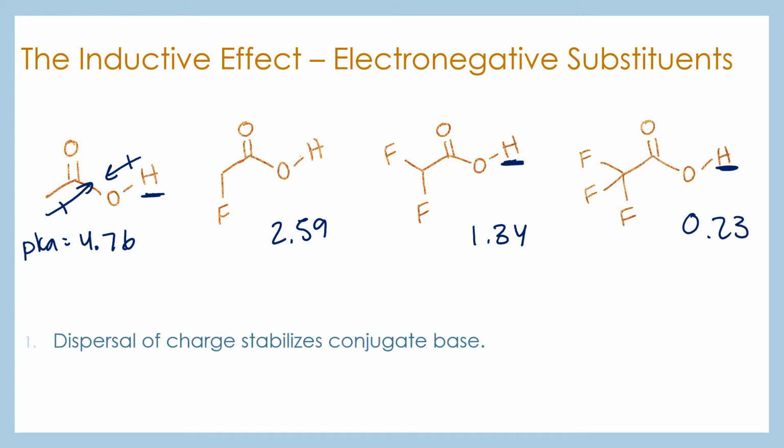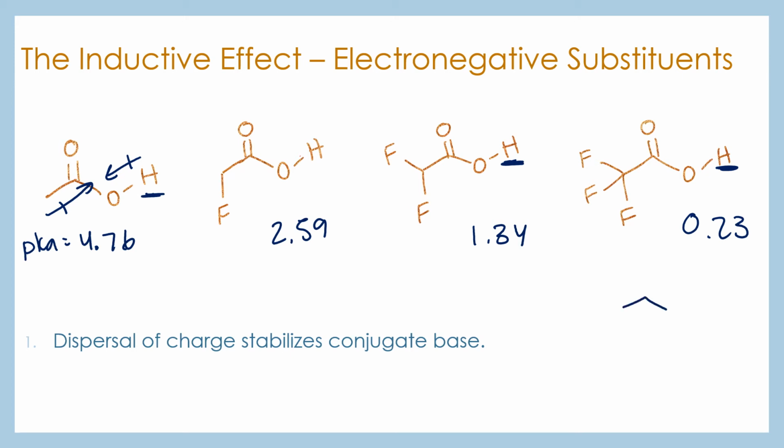So there are 2 reasons that this matters. One is the dispersal of charge stabilizes the conjugate base. By having electronegative atoms on the other side of the molecule, we are pulling electron density away from the negative oxygen that would be created in the deprotonation.